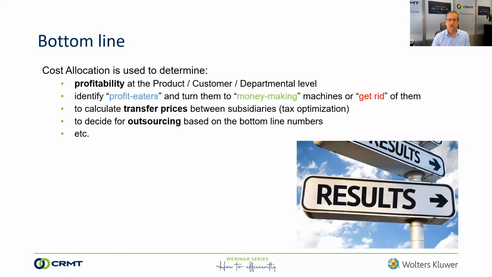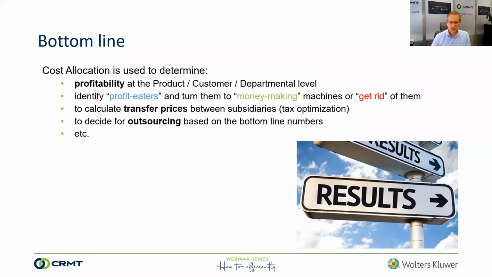In some cases, we also use cost allocation to calculate transfer prices between subsidiaries, which is used for tax optimization. Or, as we mentioned already, we use cost allocation to make decisions, for example whether we are going to do some outsourcing based on the numbers that we get as a result of the cost allocation.